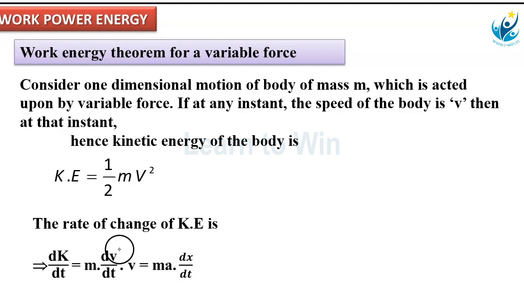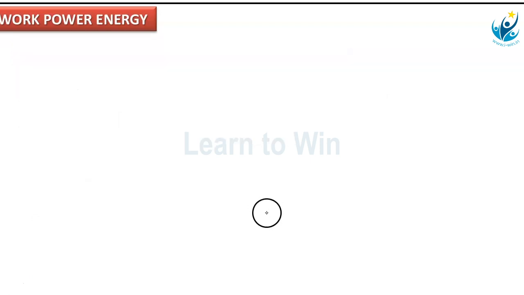Instead of this dv by dt, I use a. Here ma is force. Whatever the variable force is acting, that is ma. Here dt cancels. The change in kinetic energy dK is equal to ma into dx. By integrating that, we get total work.